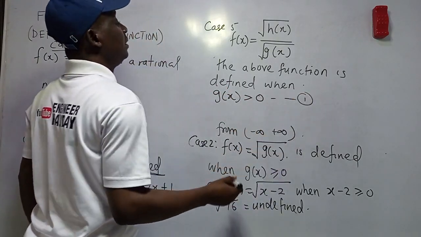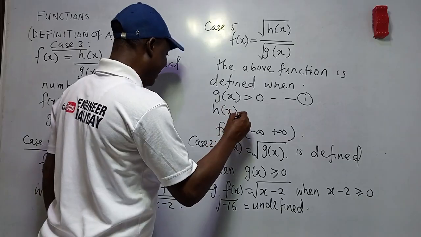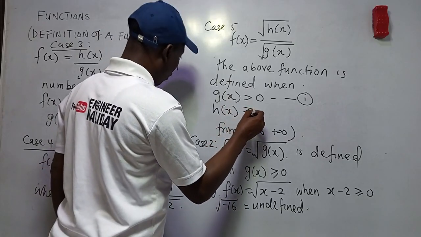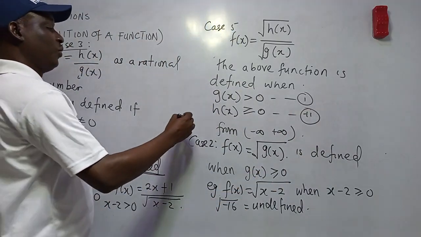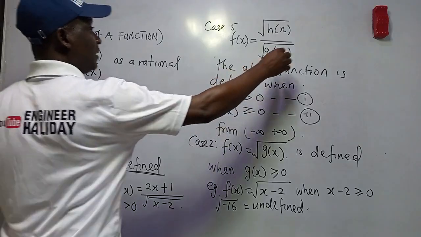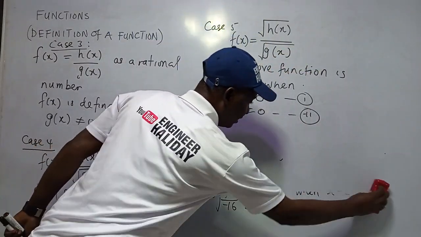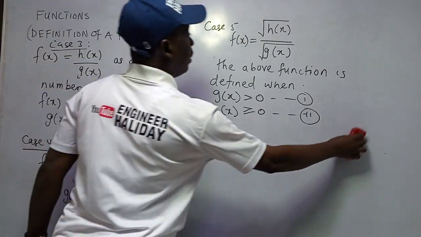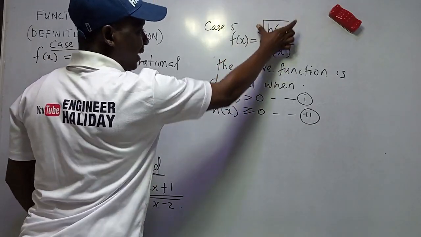That's not all. Then, h of x is greater than or equal to 0. You see now? Let me clear this part so that you will not mix it up. Now this particular f of x is defined given like this.